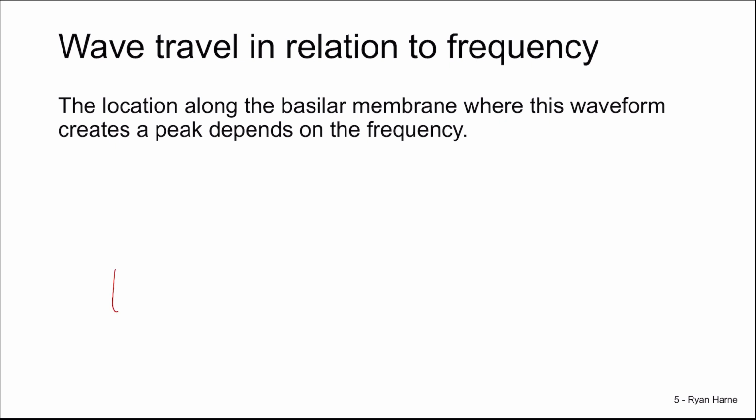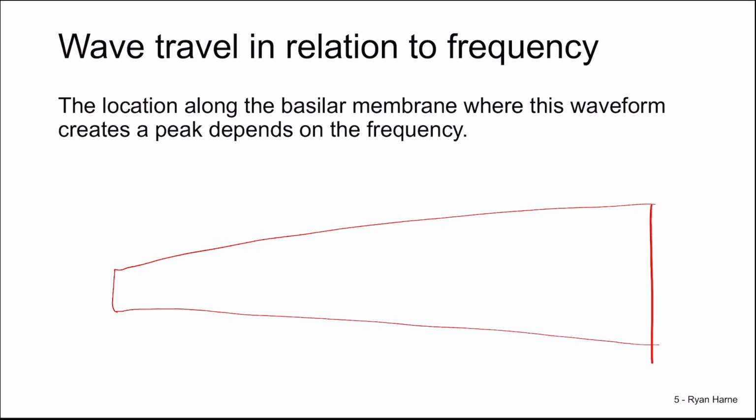Specifically, what we have is that with the basilar membrane, it is broader towards the apex side and narrower towards the oval window side. And this is our basilar membrane.